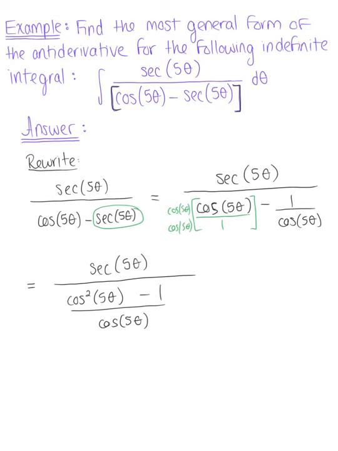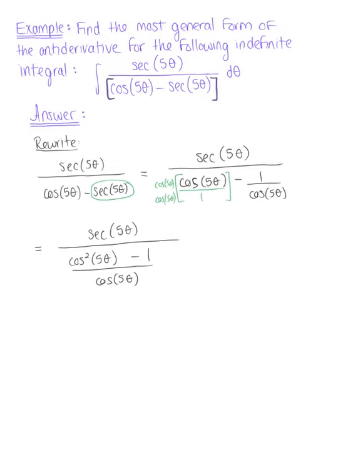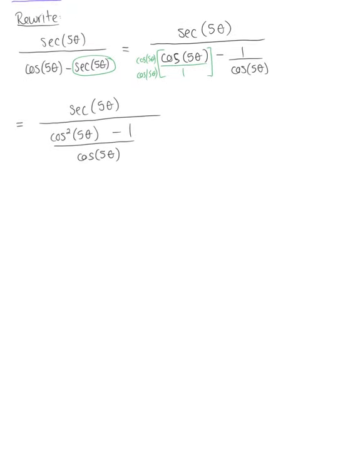We know fractions in the denominator will flip, so I can rewrite this as secant of 5 theta multiplied by cosine of 5 theta, all divided by cosine squared of 5 theta minus 1.